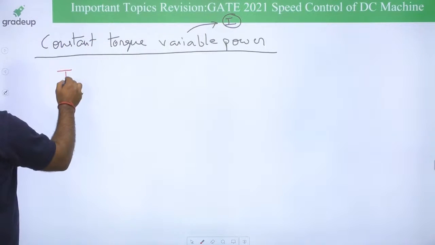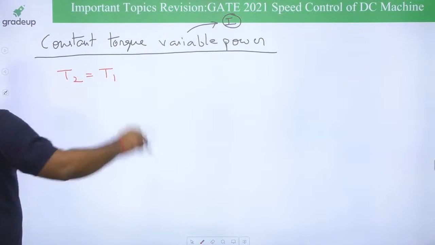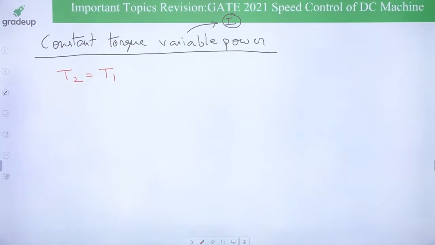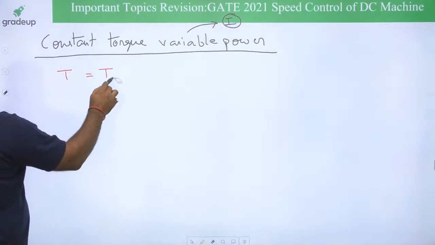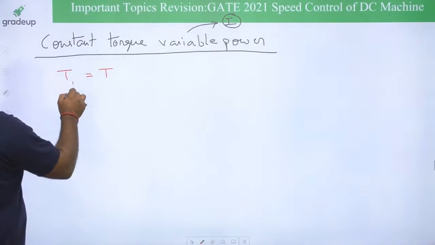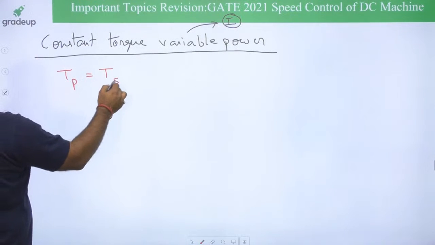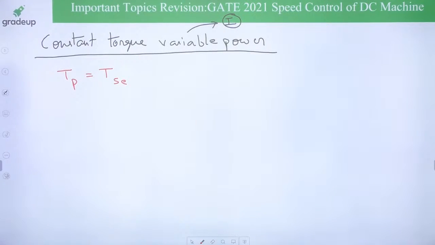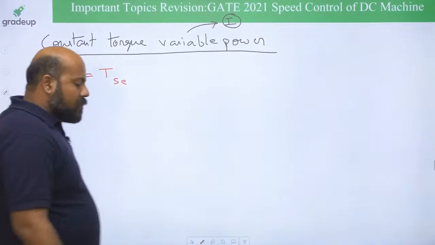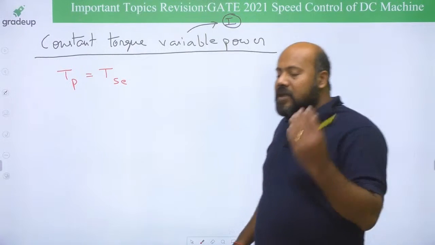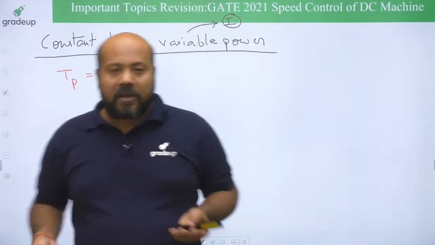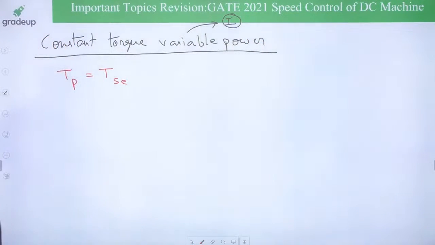So what is going to happen? If T2 is equal to T1, write it as parallel combination and series combination. This is torque for the parallel combination and this is torque for the series combination. You know that the torque of a DC motor is directly proportional to the flux and the armature current. Flux is also changing because ampere turns are changing, and current is also changing.